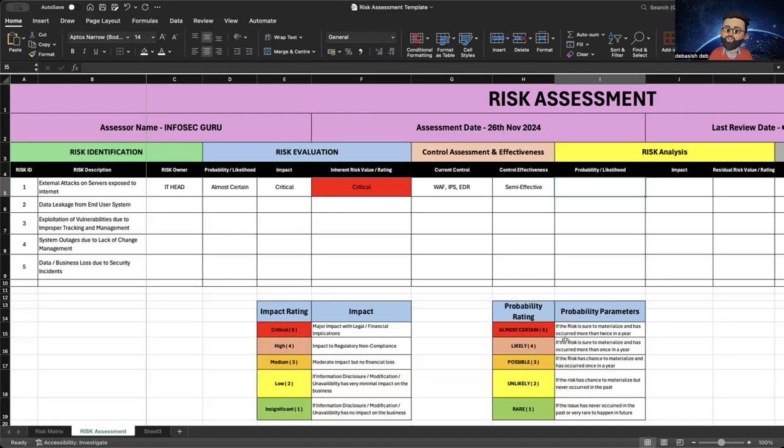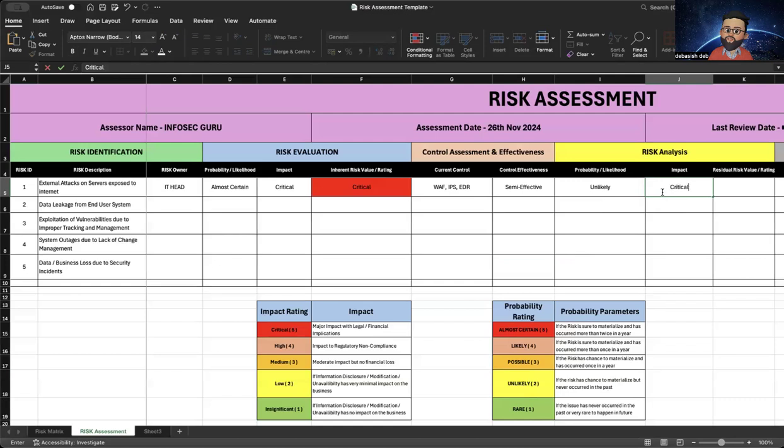So let's mark this as unlikely, which is, it has a chance, but it has never occurred in the past. Now the impact. If it occurs, what is the impact? Again, this is a critical server. So I would still say the impact would be critical.